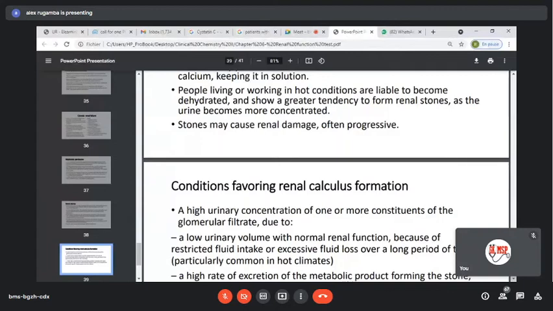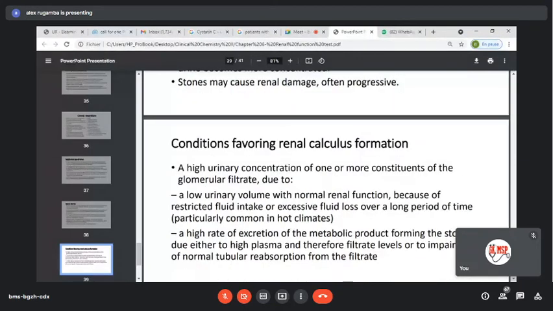Another one is low urinary volume with normal renal function. This is the same: if you don't take water, you have a low volume of urine. Another one is a metabolic product forming the stone. The change in pH is also one of the indicators.